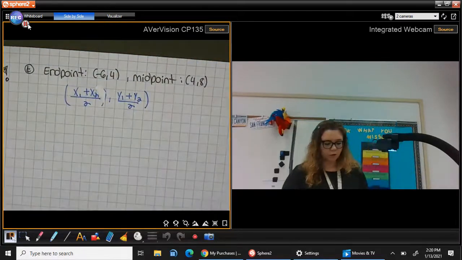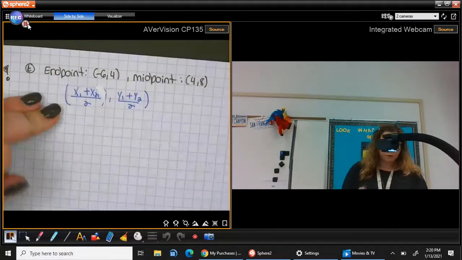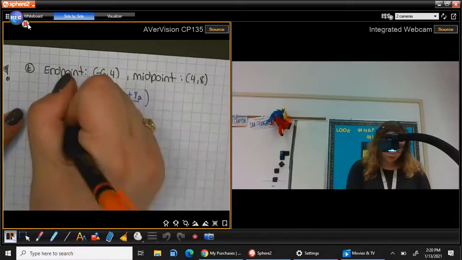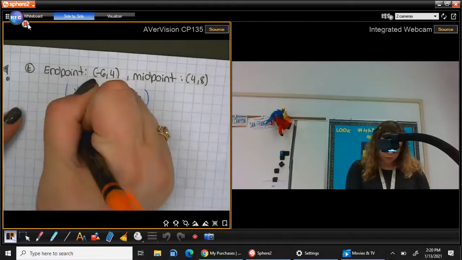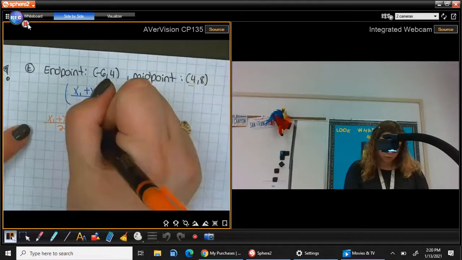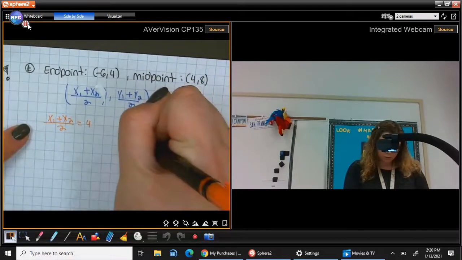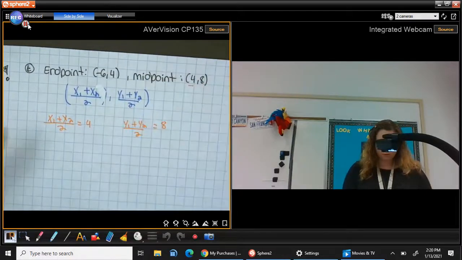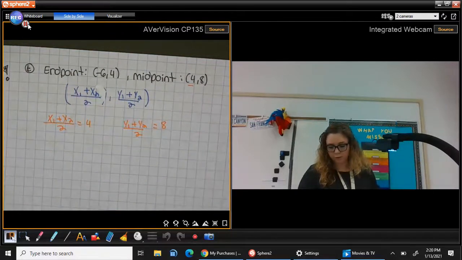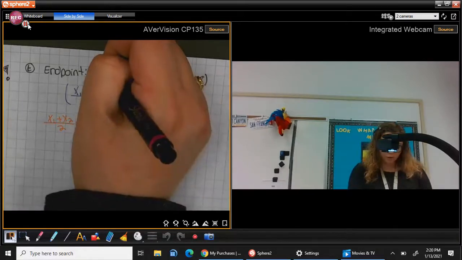Then you want to use your midpoint and set each side to the corresponding value. You want to use your known endpoint and plug your values in for x1 and y1.